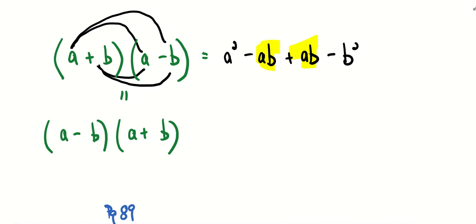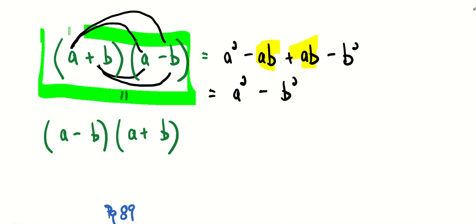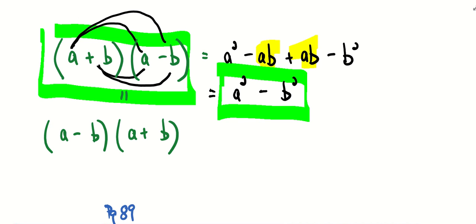One is positive, one is negative. Am I right? Negative AB plus AB. What do we get? 0. So actually, the two terms in the middle are gone already. Do you realize? Unlike the first two examples. So, this is the last important so-called formula we will need to know.